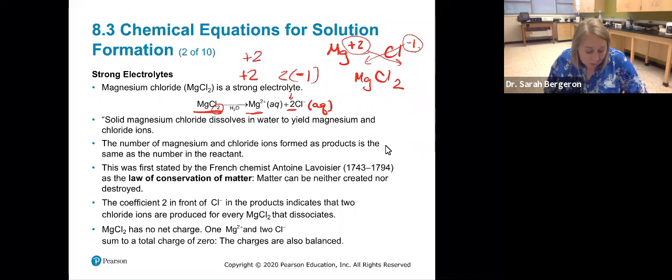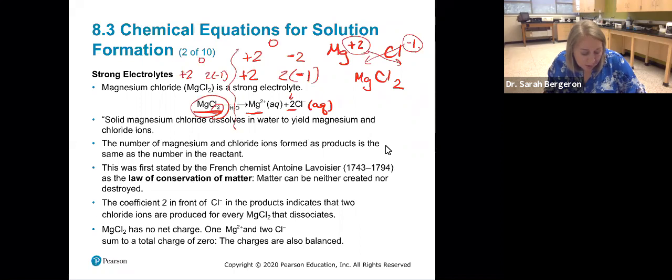So we have +2, and then 2 times -1 is -2. You add those up and you get 0. So both sides of the equation are 0 as well, because we have 1 magnesium, which is +2, and 2 chlorines, which is 2 times -1. So your products and your reactants must equal 0.